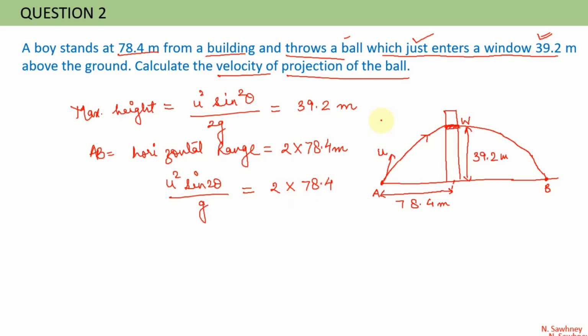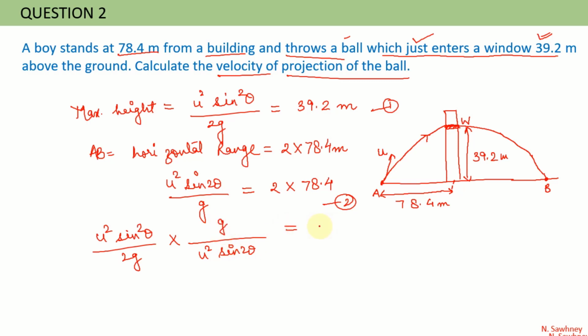Now we can divide the first equation by the second equation. Let us do it. u square sine square theta upon 2g is divided by the horizontal range expression, so it will become u square sine 2 theta in the denominator and g in the numerator, and on the right hand side we will get 39.2 upon 2 into 78.4.